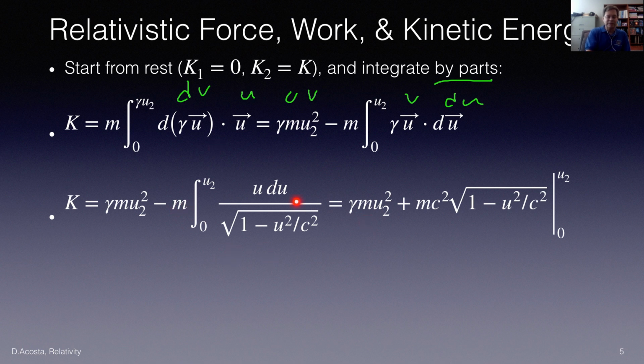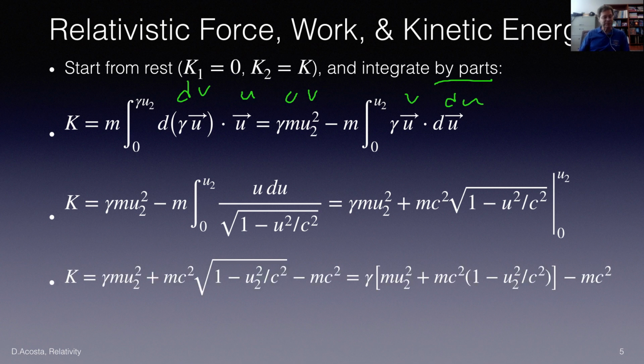This integral, the second one that was subtracted off, becomes this expression here. It's mc squared times the square root of 1 minus u squared over c squared, evaluated at the endpoints from 0 to u2. You can see that if I took the derivative of this radical, this is something to the 1/2 power. I'm going to end up with something to the minus 1/2 power. So indeed, this integrated must give me something like the radical here.